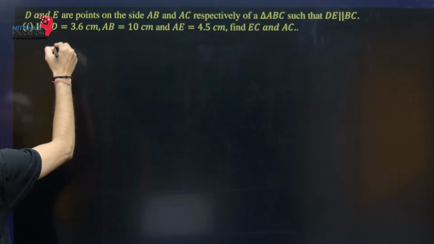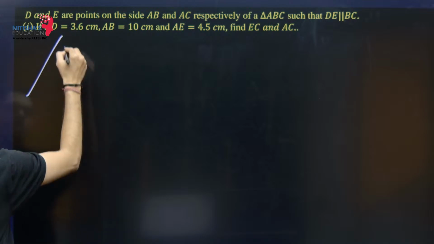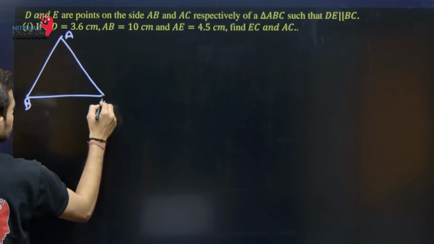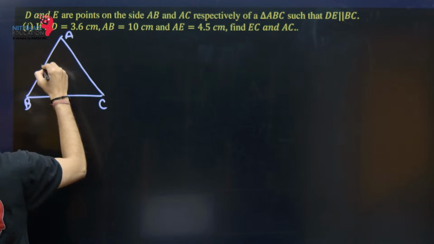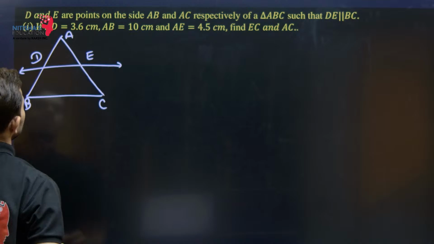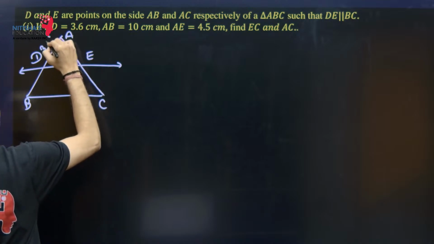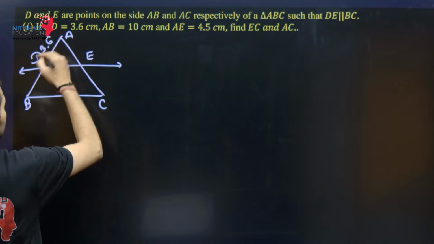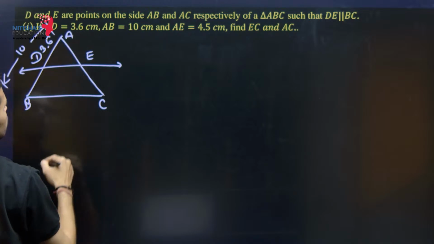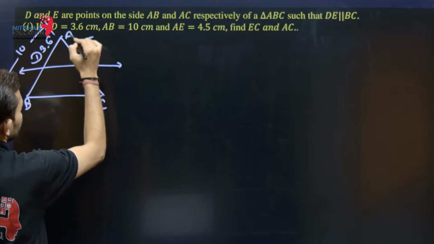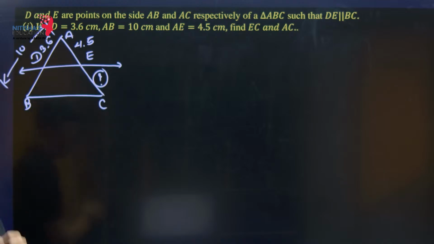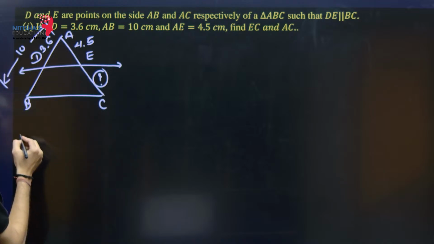First draw the diagram, which is A, B and C. Draw one line which is D and E. The value of AD is 3.6, the value of AB is 10 centimeter, the value of AE is 4.5, the value of EC we need to find. Now let's start to solve this question.